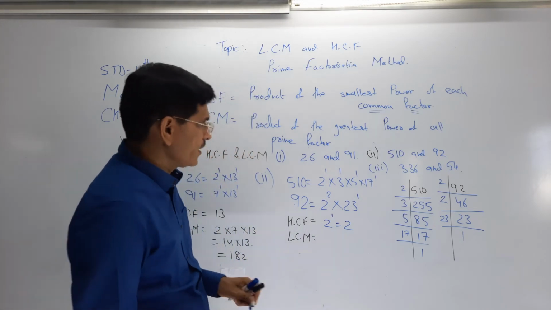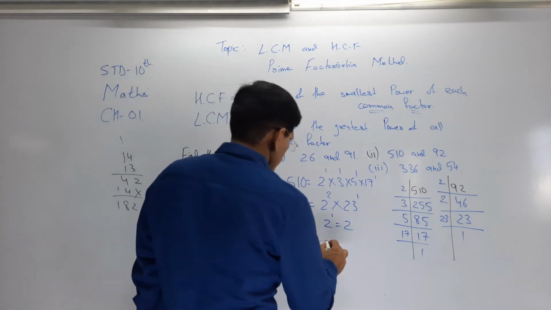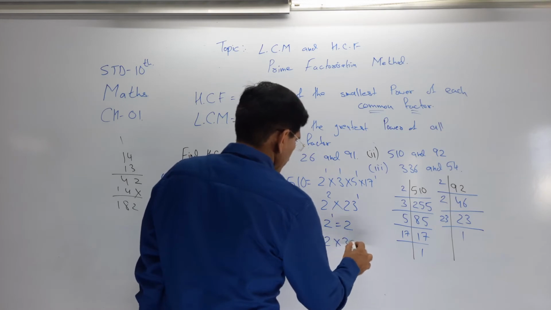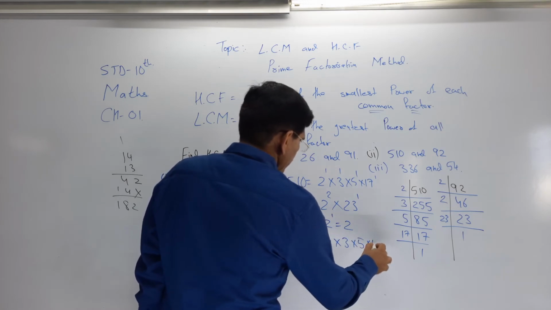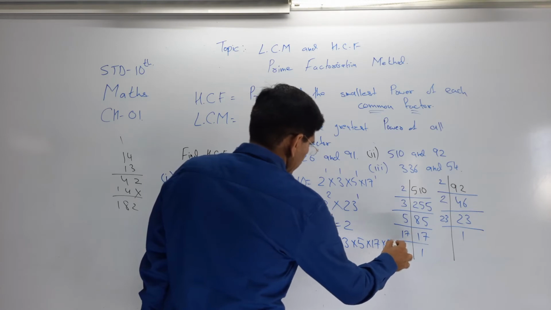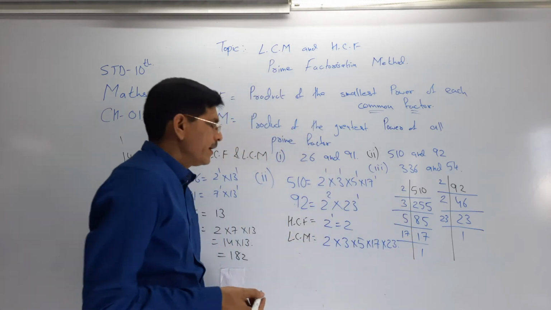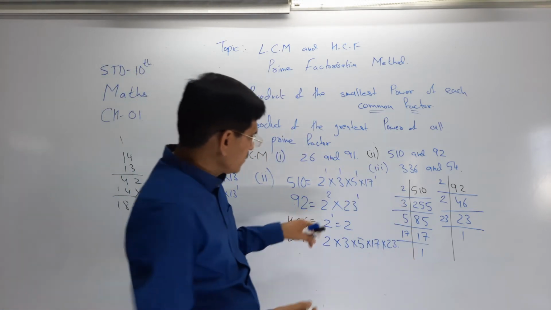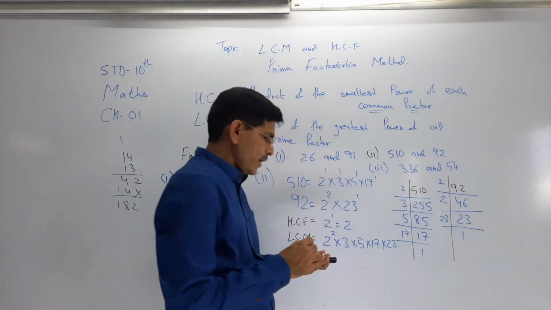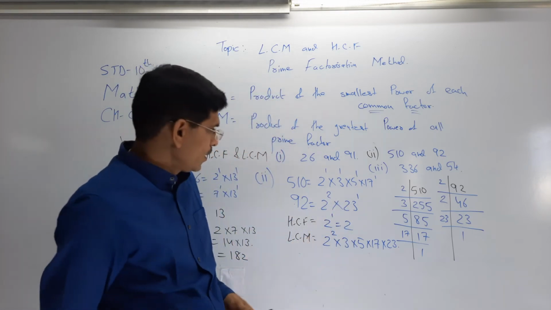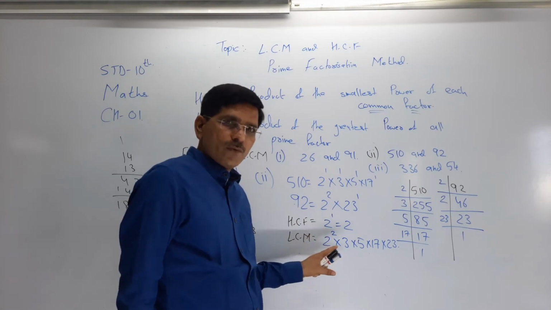Now for LCM, we have to go with 2 into 3 into 5 into 17 into 23. Now how many powers are there? Maximum 2. So I have to write 2 to the power 2, that is 4.